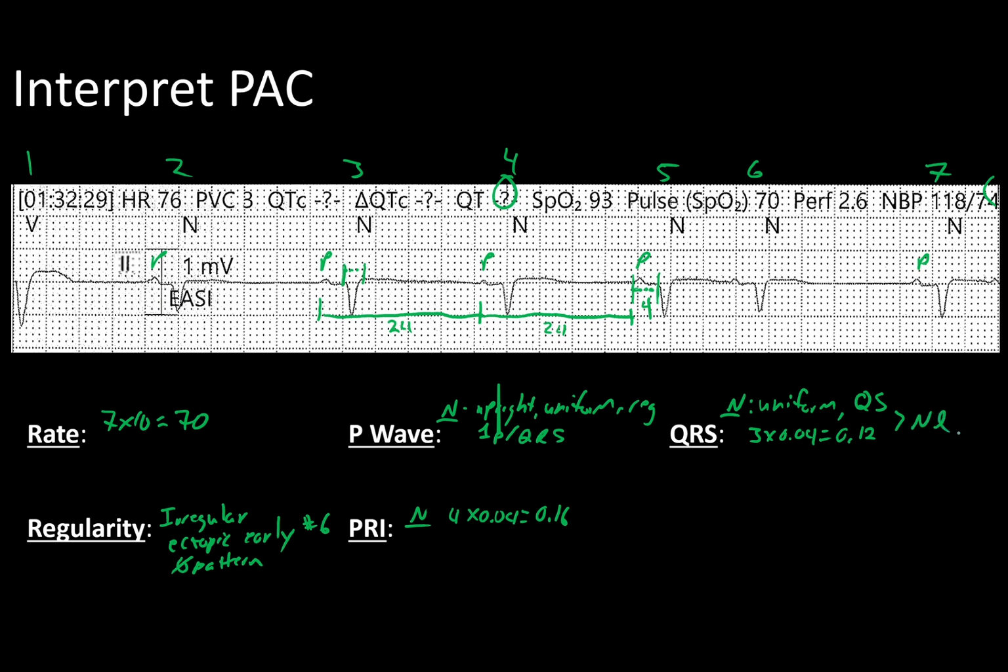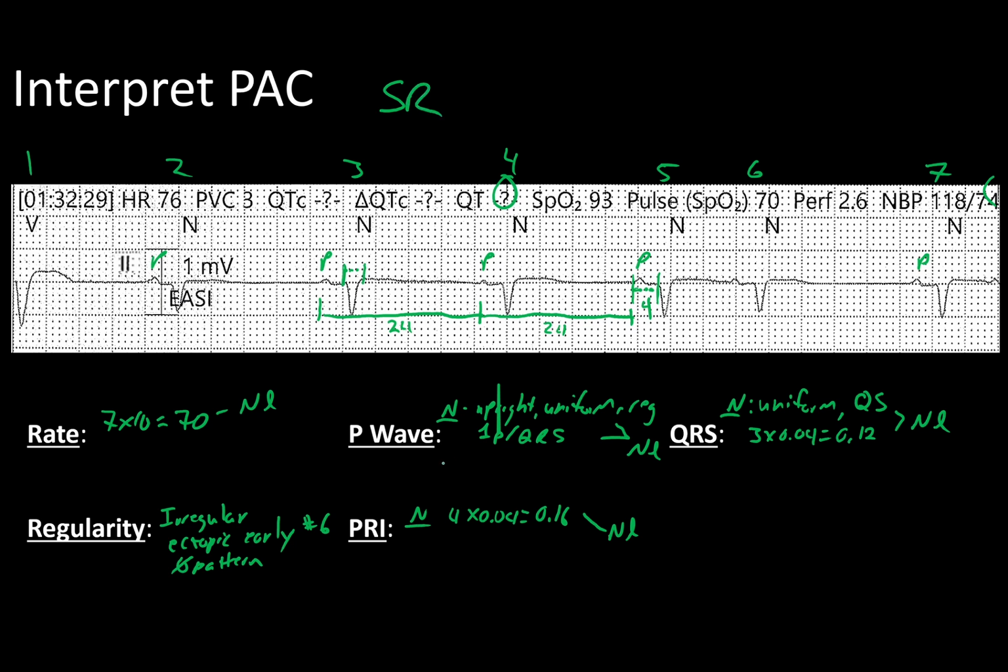So that's actually normal as well. And this whole bit here is normal. And that's normal. And this is normal as well. So it looks like we actually have sinus rhythm in this case.